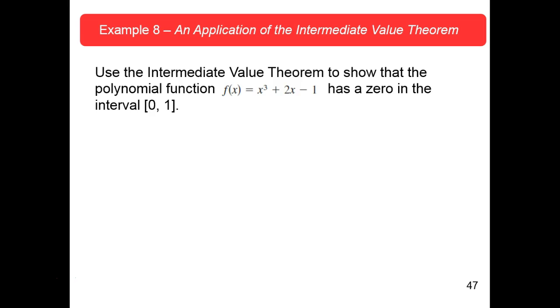Okay? What would be your first step to show that? Okay, pick one. 0. I love it. Okay, because that's included here, right? So what's f of 0? Negative 1, of course.